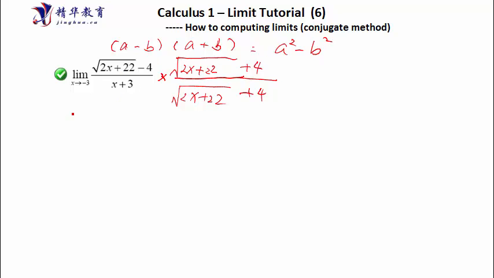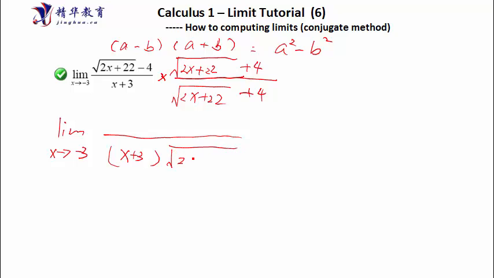Now the upper part we can make into a square, as x goes to -3. The bottom we don't care, we just keep x plus 3 and multiply everything we have here. We know this is going to work out, because if it didn't work out, there would be nothing we could solve. So a minus b times a plus b is a squared minus b squared. The square root squared just cancels, so we get 2x plus 22 minus 4 squared, which is 16.